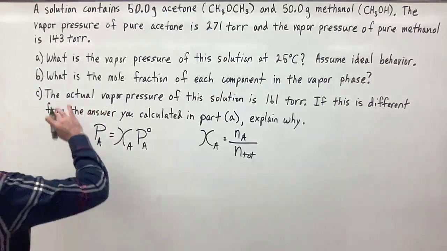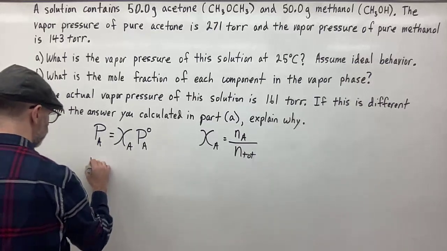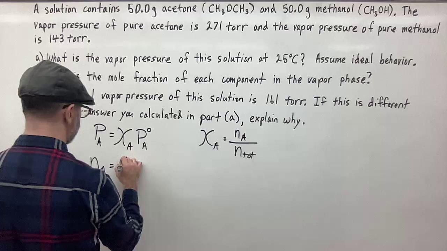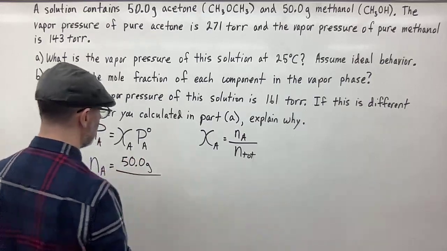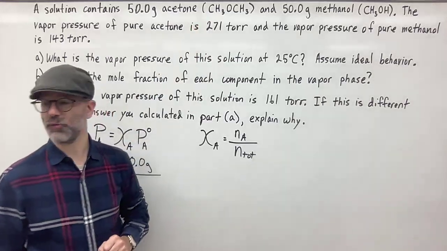So they're giving me 50 grams of acetone. So to find the moles of acetone, I'm going to take the 50.0 grams of acetone and divide that by the molar mass. I can calculate the molar mass of acetone from the formula.